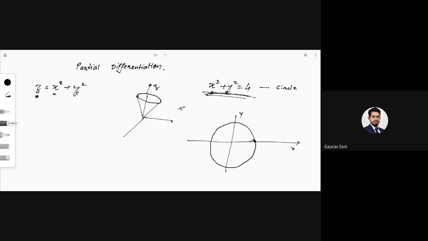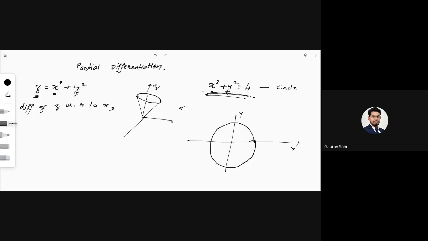So can someone tell me what is the differentiation of z with respect to x? What will be the answer? 2x.